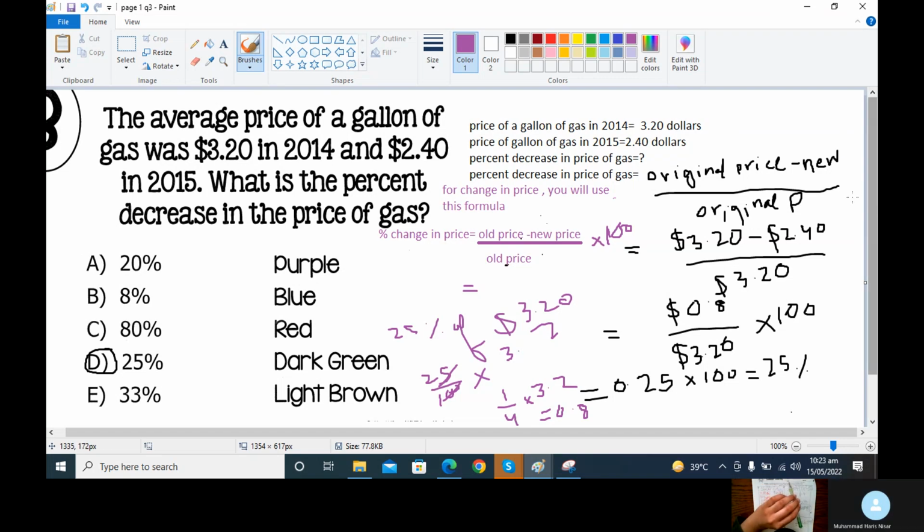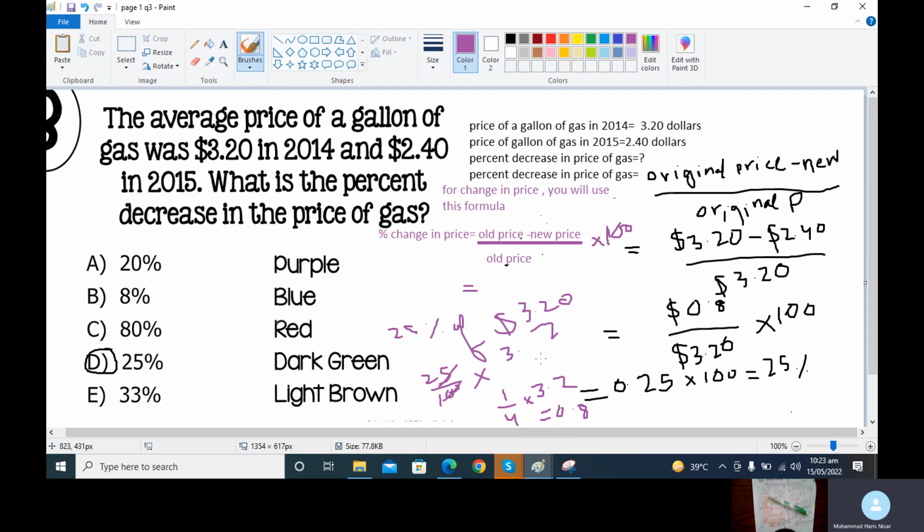When you did 25% of 3.20, I'm just showing you the verification that this solution is the right one. You did 25% of $3.20, which is equal to 0.8.